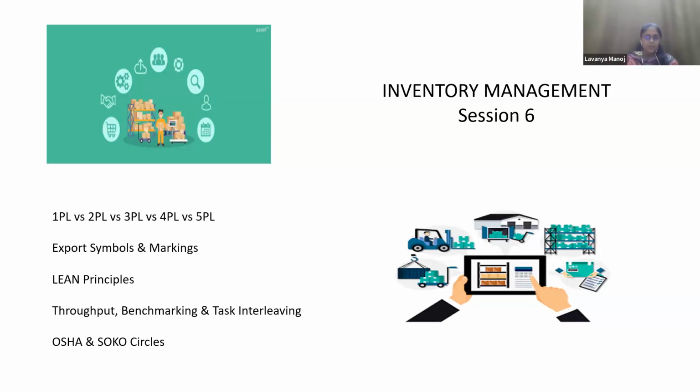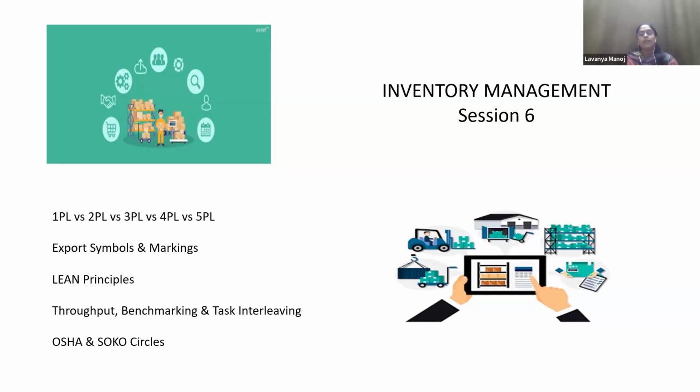As of now, we are going to see up to fifth party logistic provider in the market, how they are differentiated, and an overview of the export symbols and markings while products are shipped from one place to another, whether by air, sea, or road transportation.